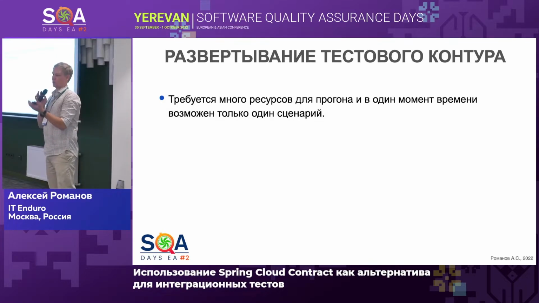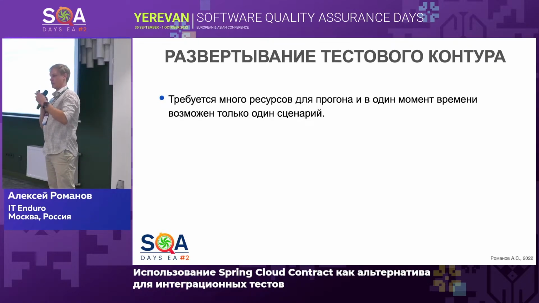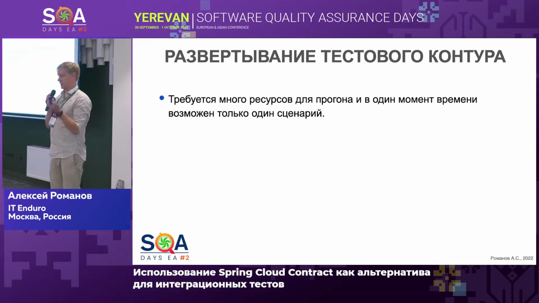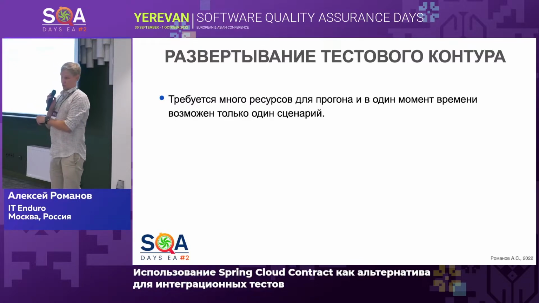for integration testing, for a complete regress, you would need a contour on demand. So you do one integration contour, you run everything, and if it's okay, then it's over. But you need DevOps for this, you need pipelines, and it needs a lot of resources.